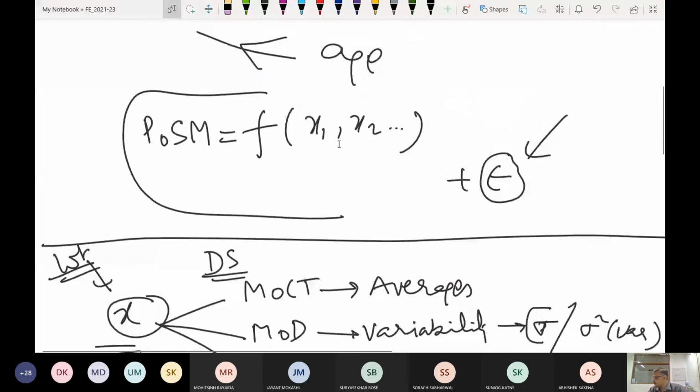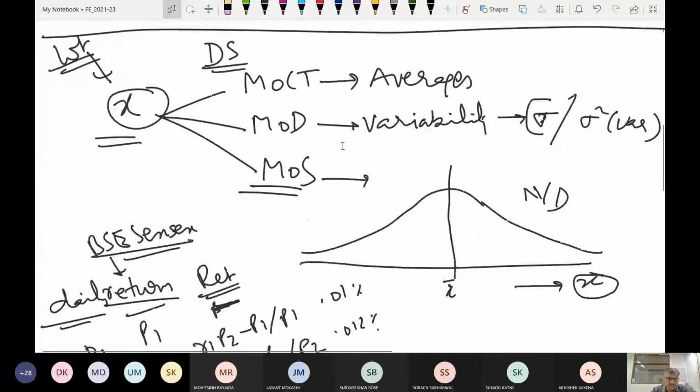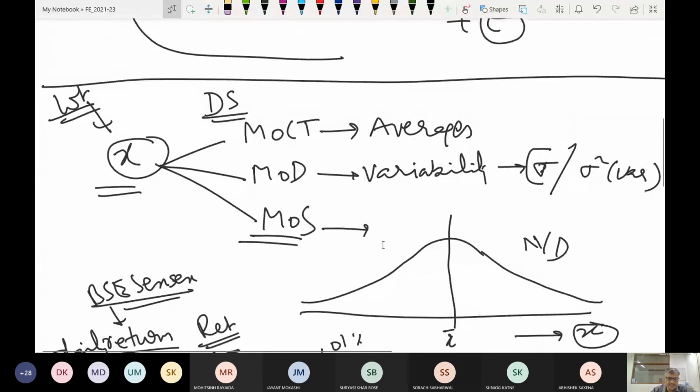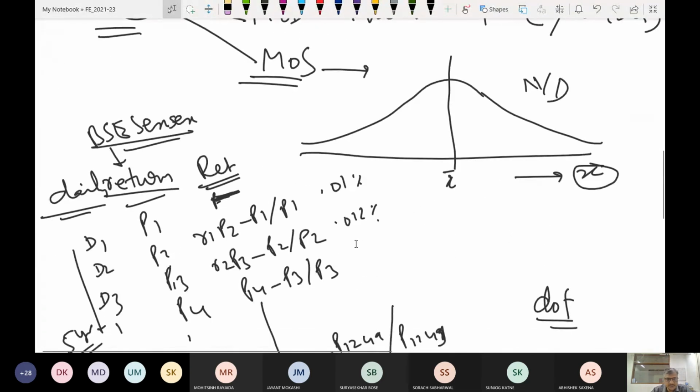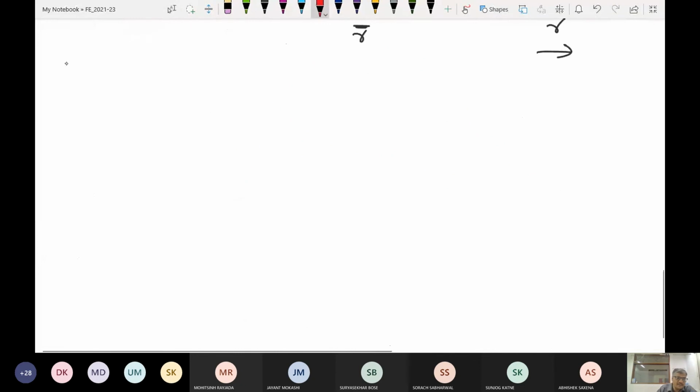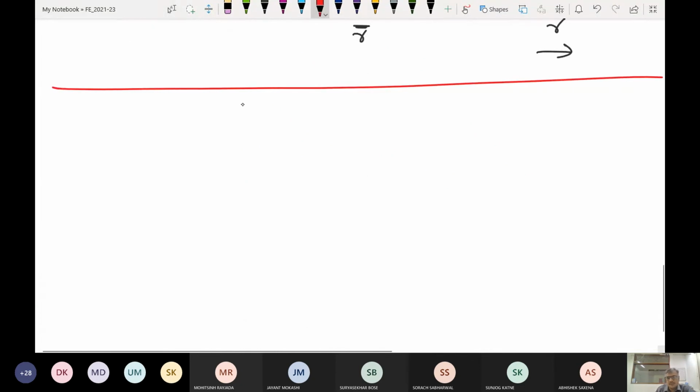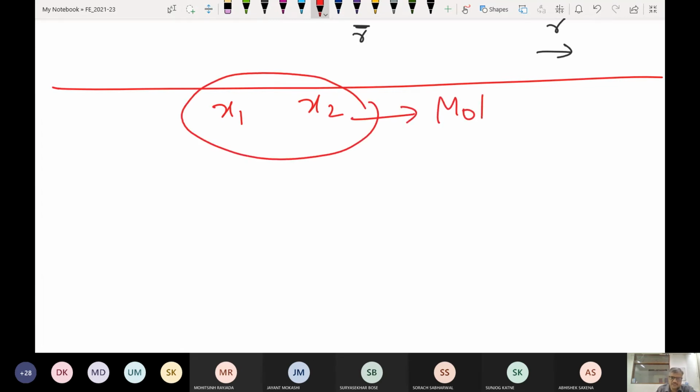So I said descriptive, three things: average, variability, and shape. But when we talk about more than one variable, let's say for argument's sake x1 and x2, then we call it measure of relationship.